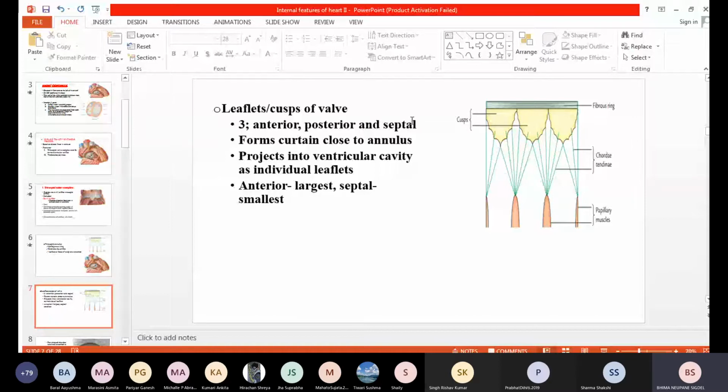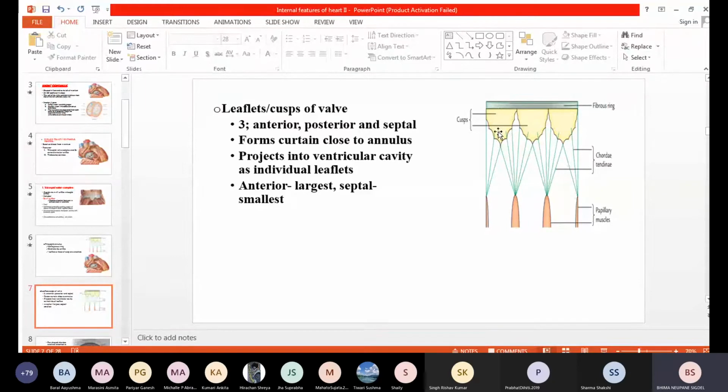If you see these leaflets, they are thin sheets, forming a curtain close to the annulus. This curtain-like structure projects towards the ventricular cavity, projecting towards the ventricle as individual leaflets.